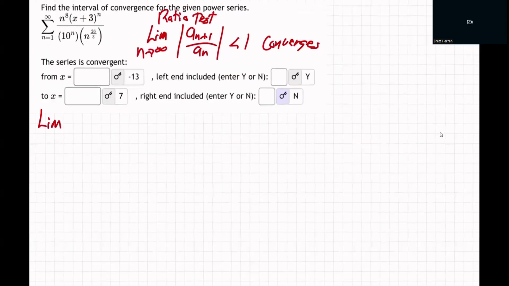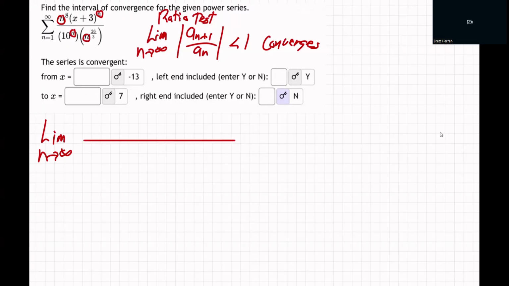So it's the limit. Right here, let me get a little more room. There we go. Limit n goes to infinity. All right, so we're going to start on the top with a sub n plus 1. So that means I'm going to plug in n plus 1 everywhere I've got n.